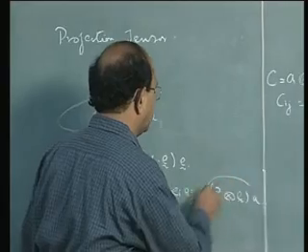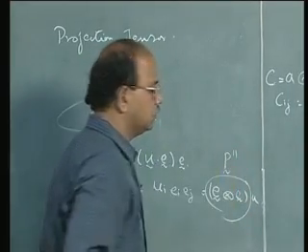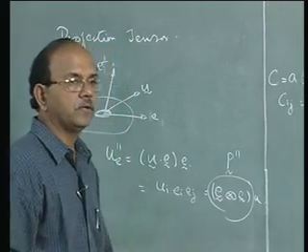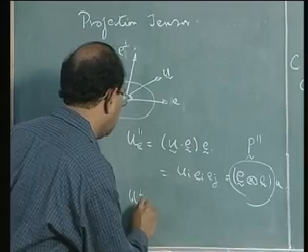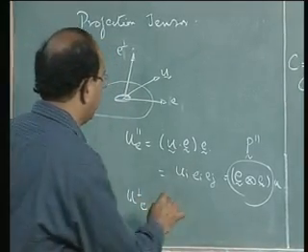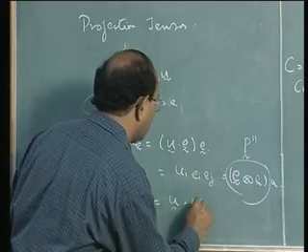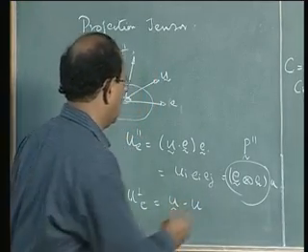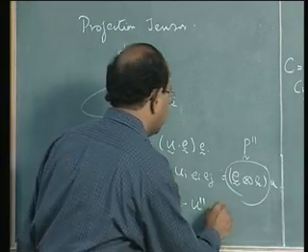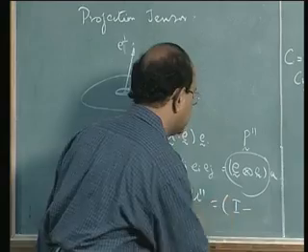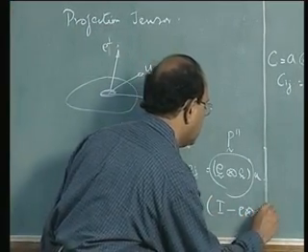So this is called the projection tensor parallel to E. Now if I want u which is perpendicular to E, then from simple vector algebra we know that this is equal to u minus u parallel, which means this is equal to I minus E dyadic E u.